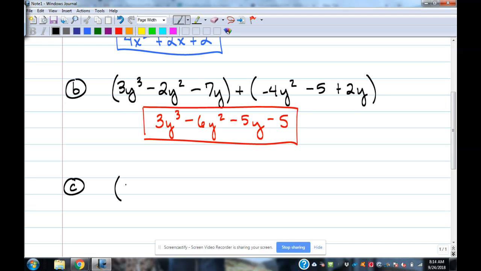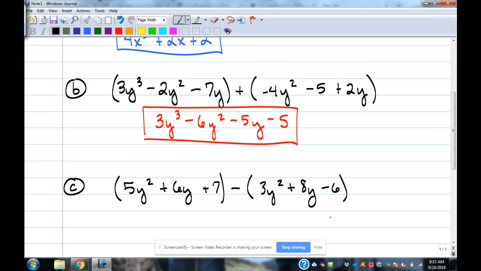Do this one. Let's say we had 5y squared plus 6y plus 7 minus 3y squared plus 8y minus 6. So we're subtracting this time.